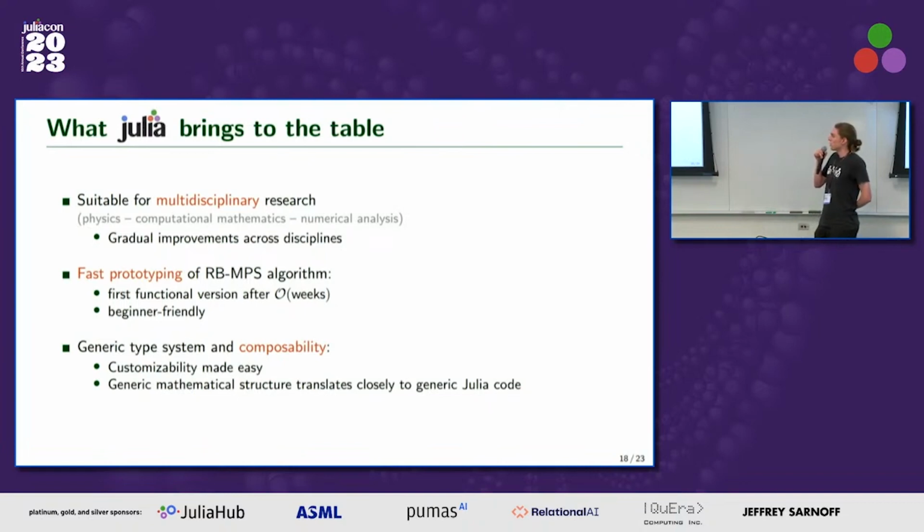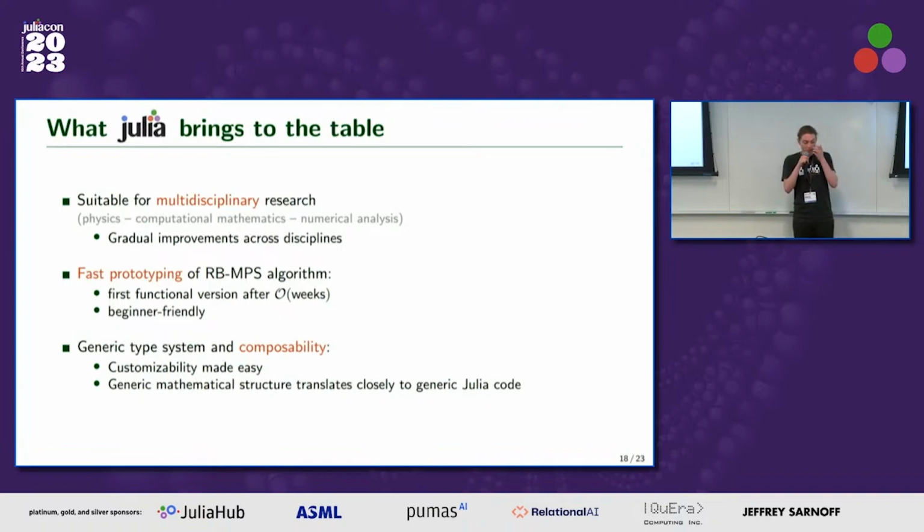And then I would also say Julia is a highly productive language, so we were able to prototype this pretty fast. We had the first functional version after a few weeks, and I was a beginner. So that's also quite cool. And the point everybody makes is that the generic type system and composability of Julia is just amazing.